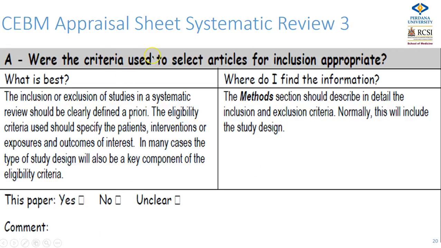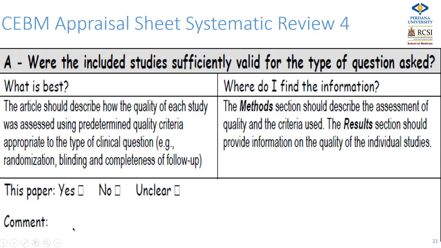And were the criteria used to select articles for inclusion and exclusion appropriate? So you should see that also in the methods section. They should have explicit inclusion and exclusion criteria. And if they don't include these, if it's not clear from the study, then move on, leave the paper and find something else.